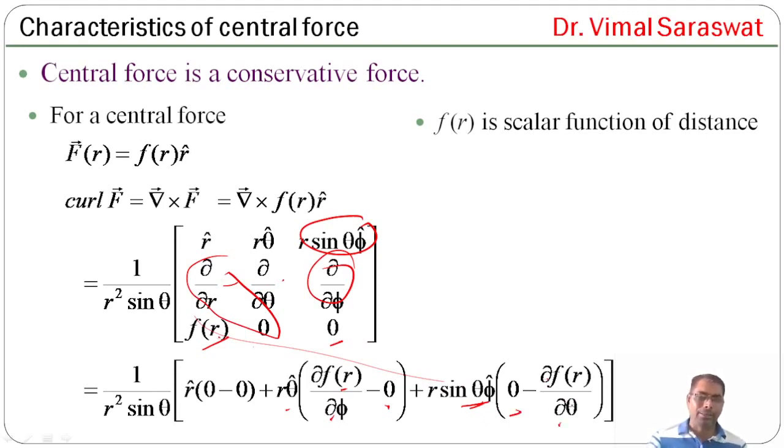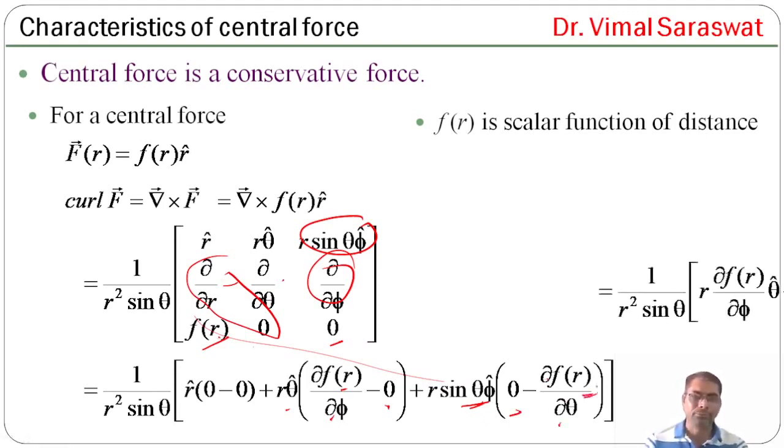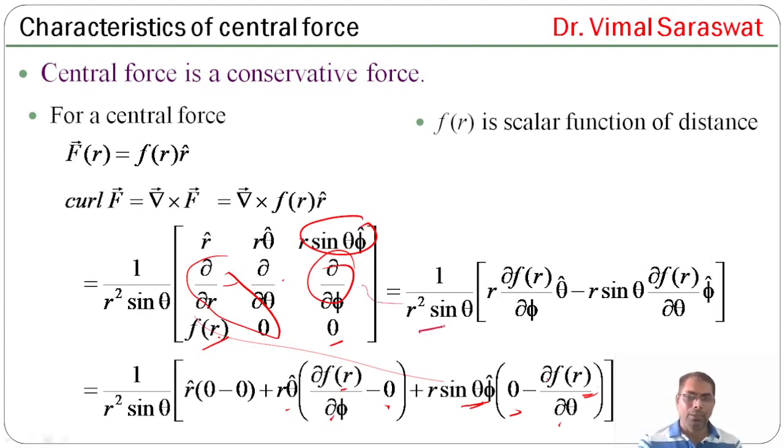So this will be 1 upon r square sin theta, this is 0, r theta cap del f of r upon del phi, minus r sin theta phi cap del f of r upon del theta. And f of r is a function of r, it does not depend on theta, so this is also 0 and this is also 0.